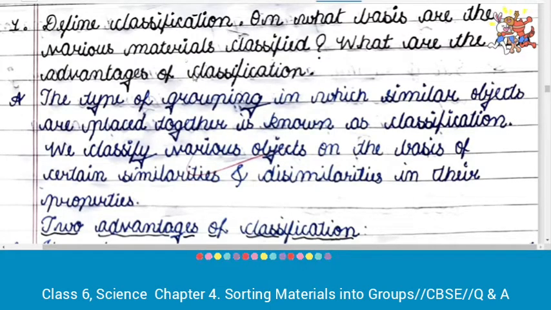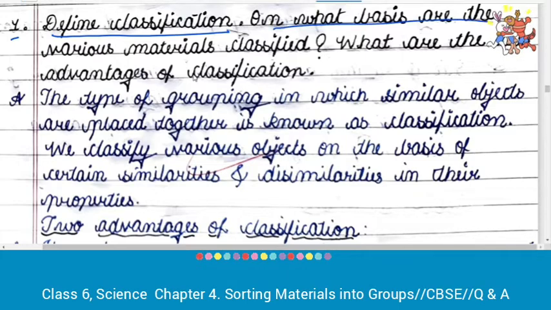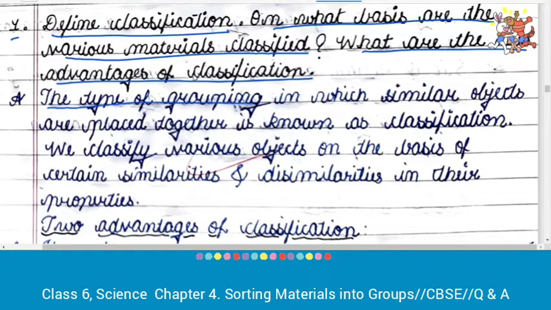First question: define classification. On what basis are the various materials classified? What are the two advantages of classification? Answer. The type of grouping in which similar objects are placed together is known as classification.